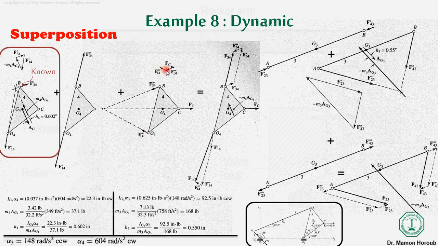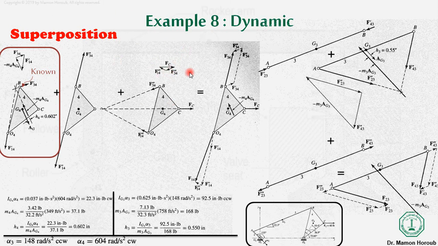The point where they intersect one another will give us the magnitude of F14 triple prime and F34 triple prime, and then we can use the value in inches to calculate the values in lb.